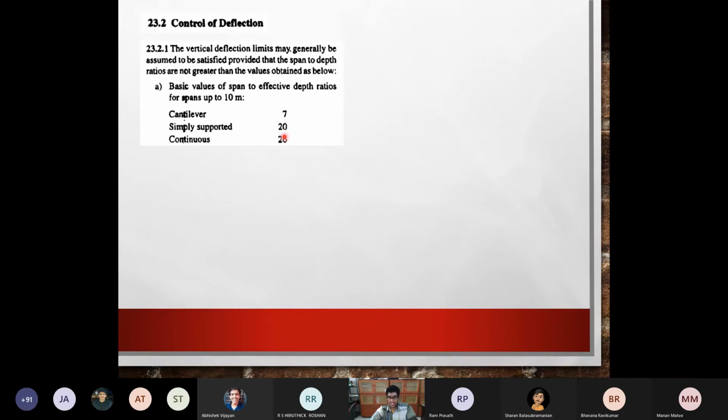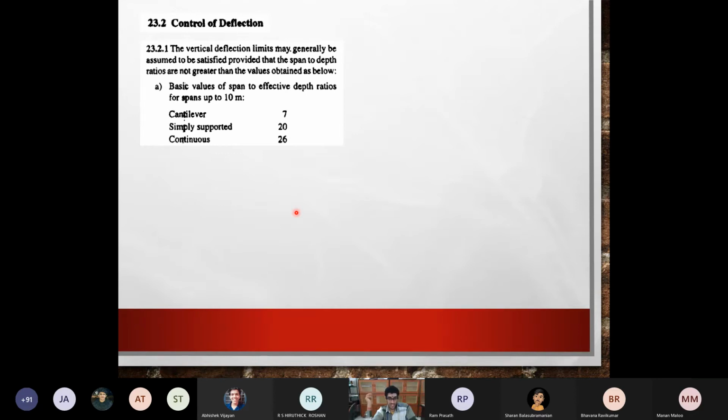Let me say 10 is too much, say a 5 meter beam. For a 5 meter beam, the span to effective depth should be 20. So 5000 in millimeters, 5000 by d is equal to 20. What will you get for effective depth in that case? 5000 by d equals 20.